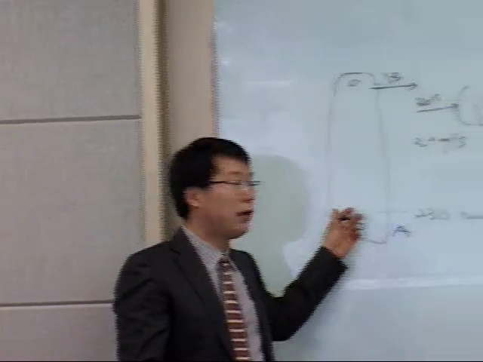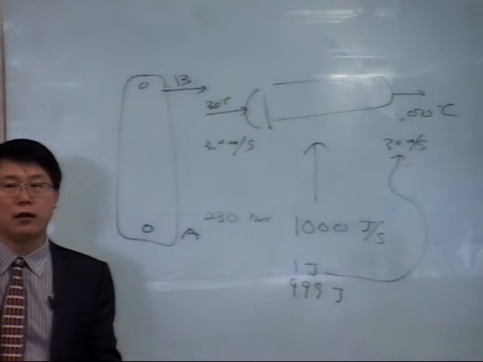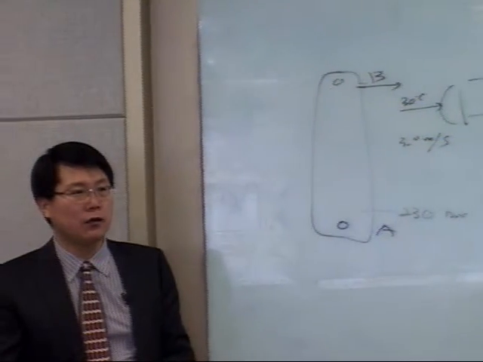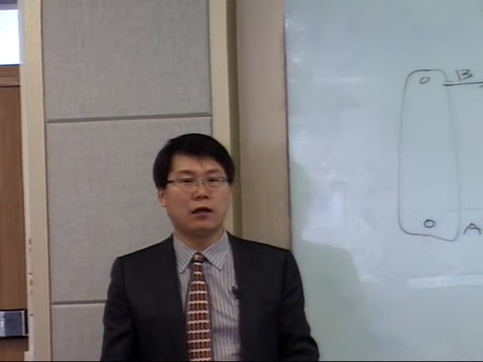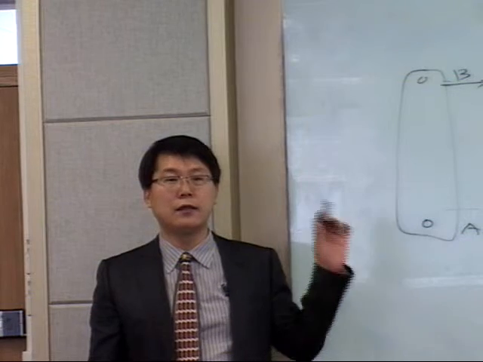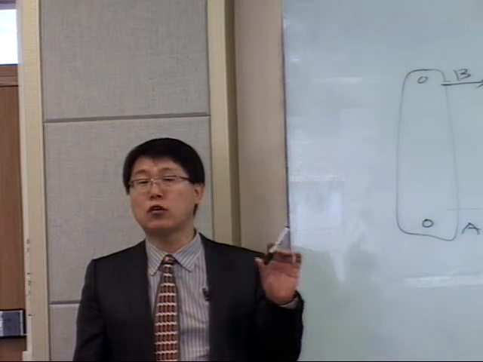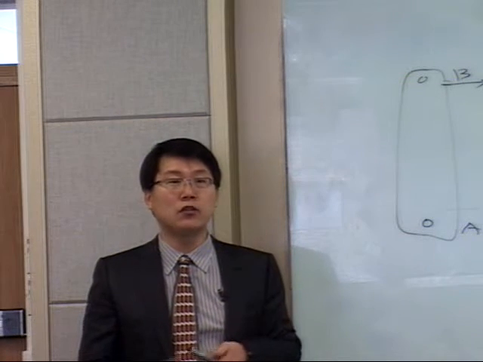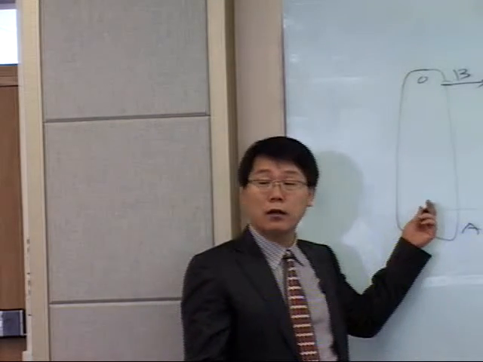If the container internal pressure is 230, is it 1 meter per sec, 2 meter per sec? This is a typical case of a choked flow, and the choked flow velocity is the sonic velocity of the internal pressure.